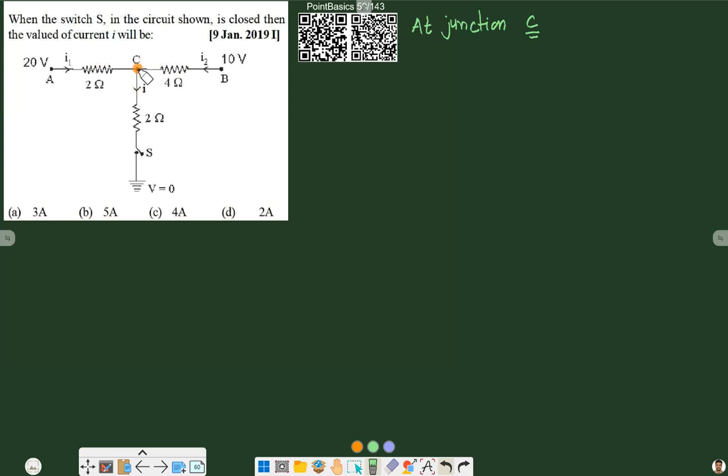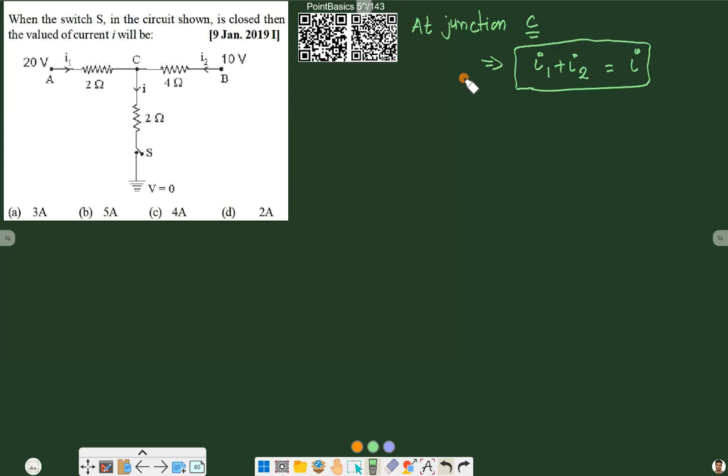The incoming currents at junction C are I1 from the A side and I2 from the B side, and the outgoing current is I. So we can say I1 plus I2 is equal to I. This is our first relation.